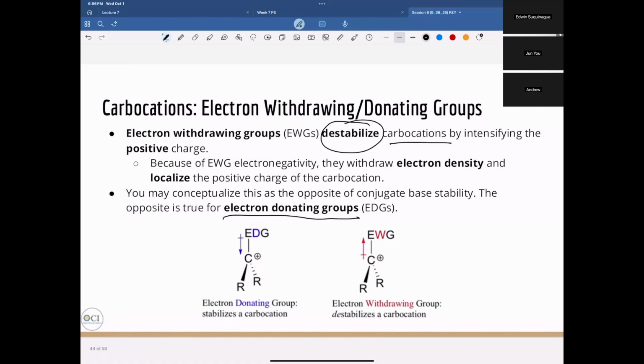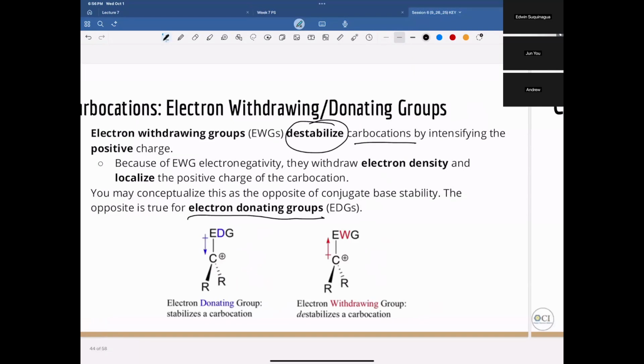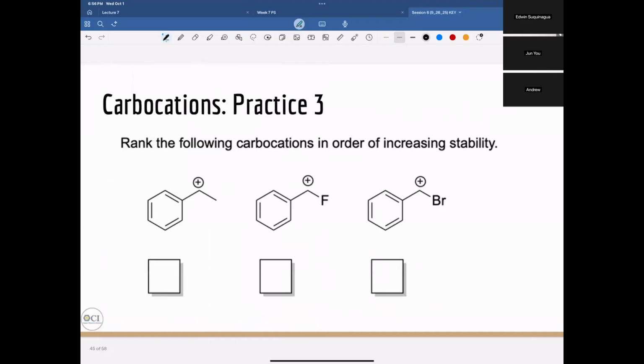Okay? Any questions? All right. Let's do some practice. Let's do this one together as well. So this is a secondary carbon, primary. Fluorine is not an alkyl group.